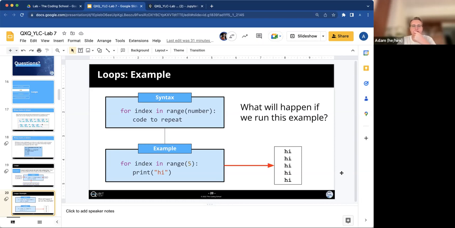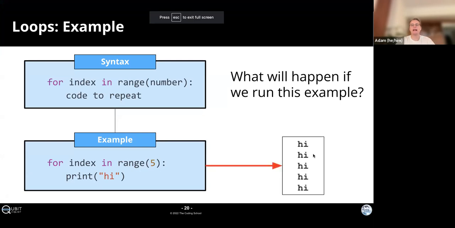We'll print hi 5 times. Yeah. Awesome. Yeah, we got it. It'll print hi 5 times.